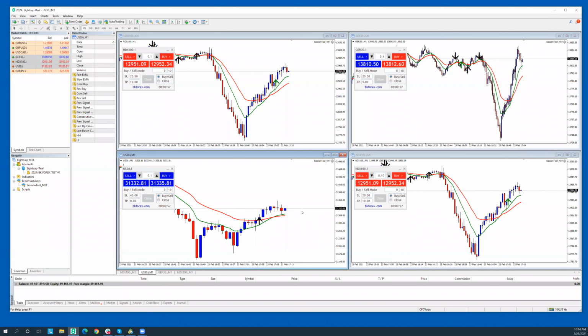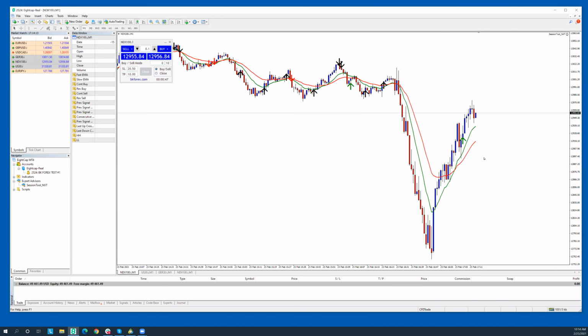The thing about the reference point entries that I become a lot more cautious about, and let's go to the Nasdaq move over here, is when I want to do a buy sell combo, sell buy, red green, right?